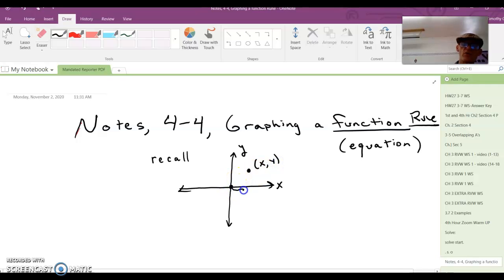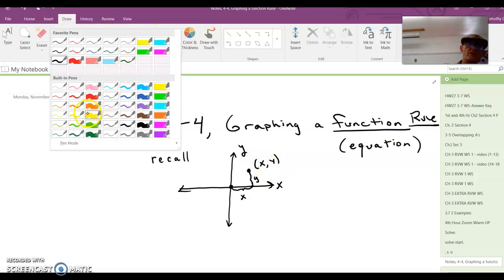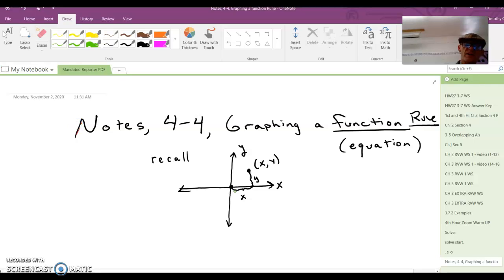So you go over x units and go up y units for that point. For example, I'll do it in red or a different color. Let's say I have (3, -4), and I want to graph that. So I start here and I go over 3 and down 4. And this point right here is (3, -4).